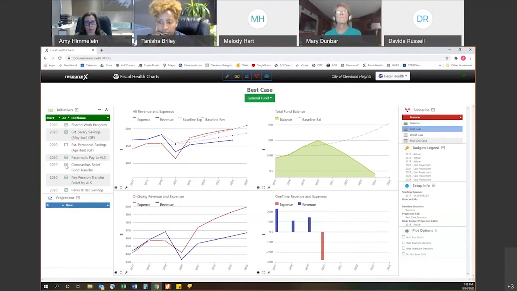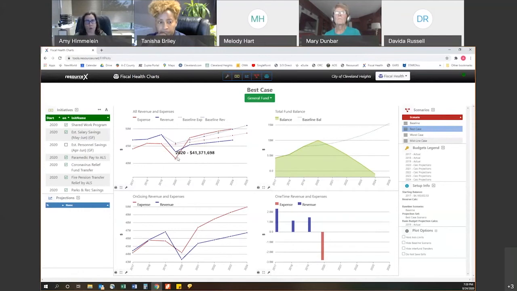That is a one-time movement. So our expenditures are going to jump way up again because it's not something that we'll have available to us in 2021. But the good news is that for 2020, you can see that our expenditures are less than our revenue. So if we end up in a best case scenario, we are able to have our expenditures less than our revenue for 2020.